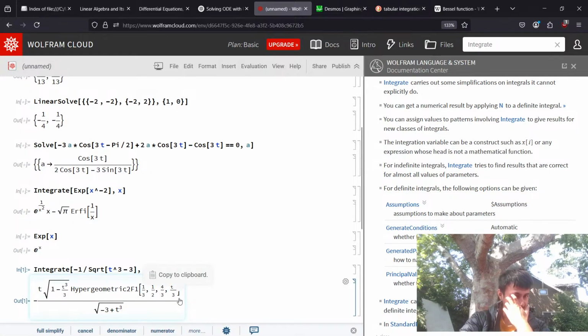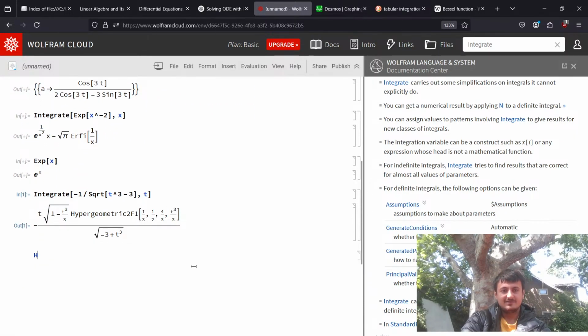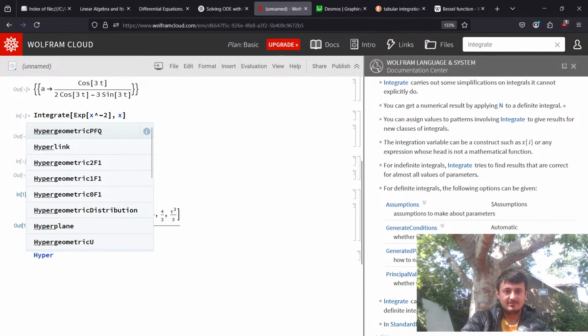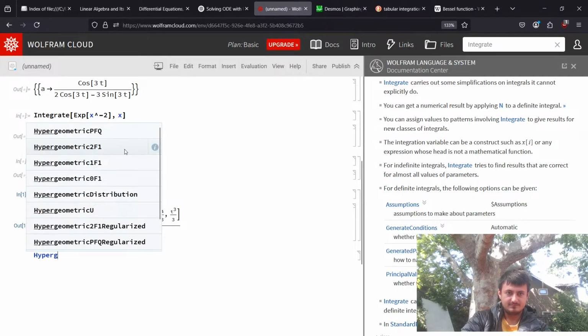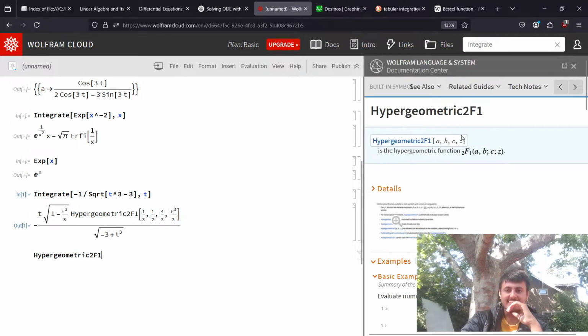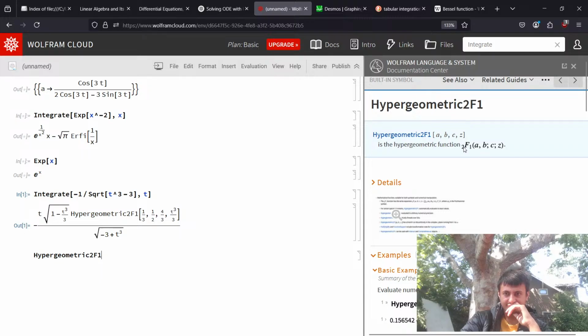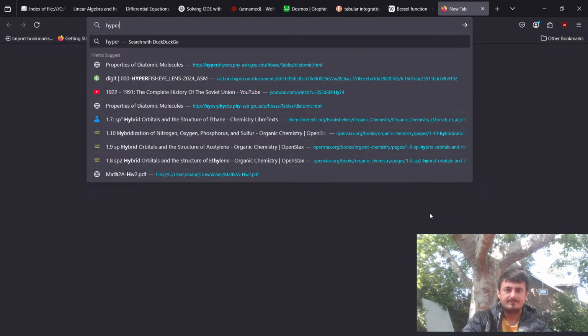Oh, hypergeometric 2F1. What the hell is that? Yeah. Okay, so what even is that? I don't know anything about hypergeometric functions.